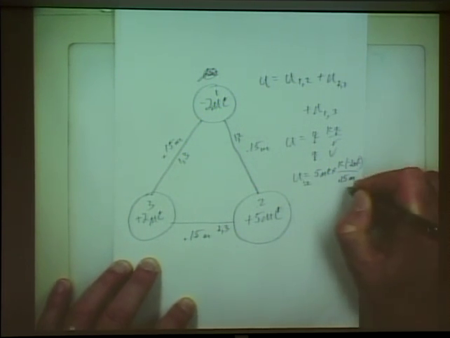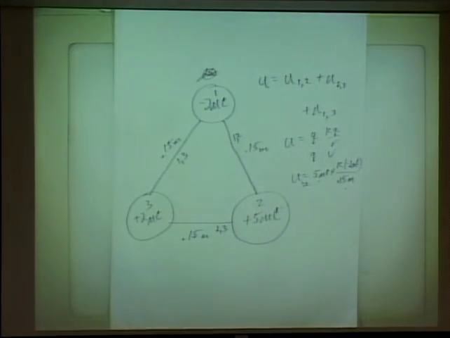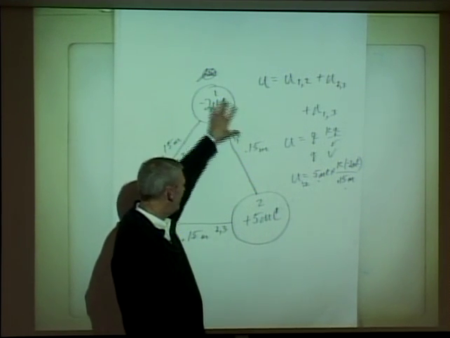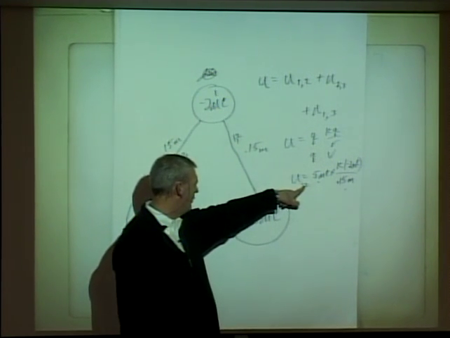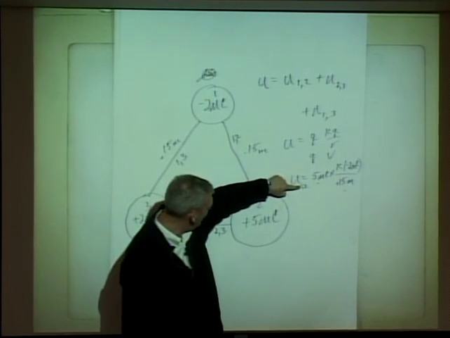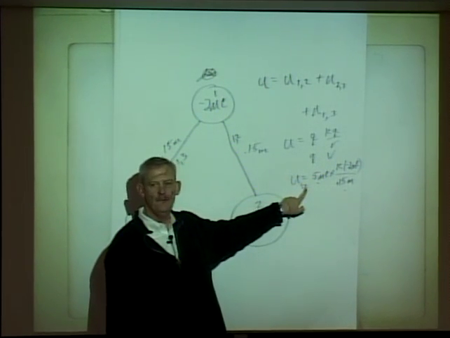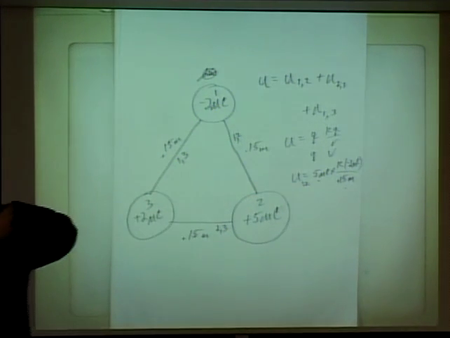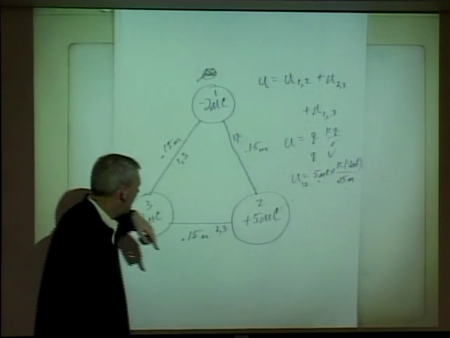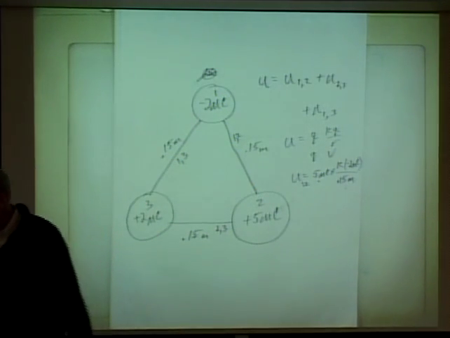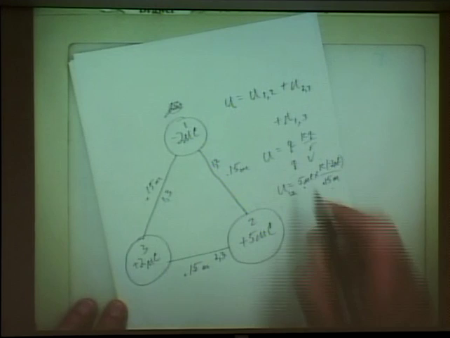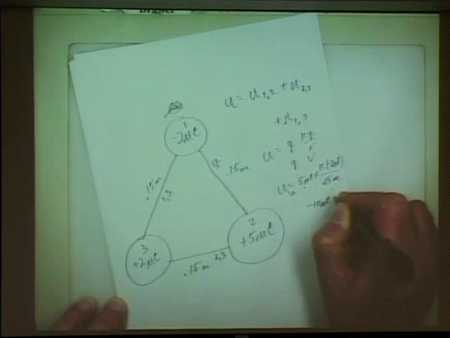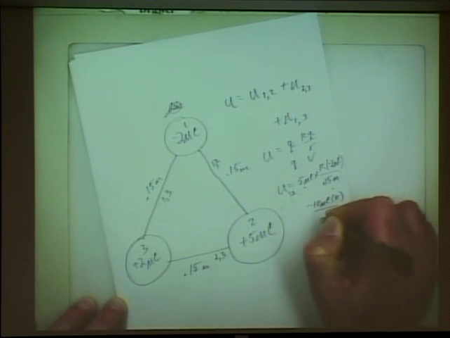Here's my V times the charge of 2 that I'm bringing in. In other words, we're finding the potential caused by Q1; this U12 stands for the potential of 1 multiplied by charge 2. That's what it means. And the potential, remember, is KQ over R. That's going to be negative 10 microcoulombs times K over 0.15.